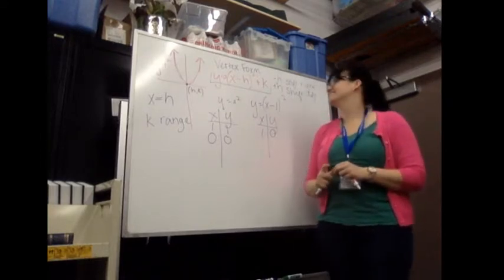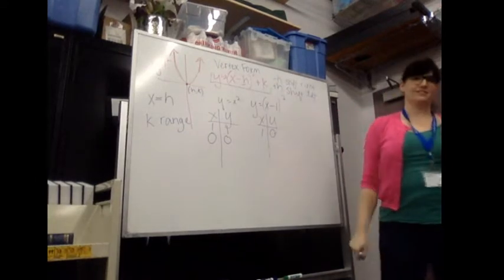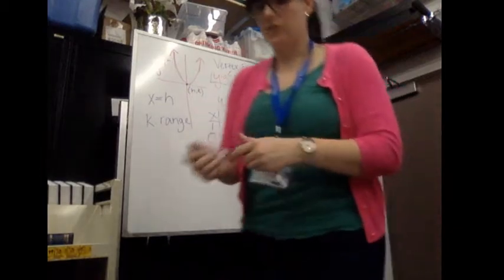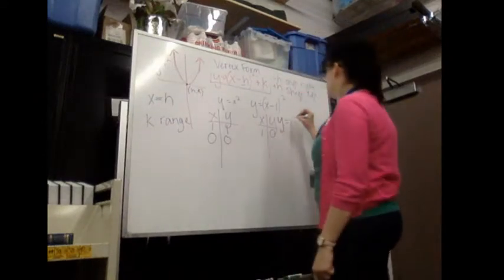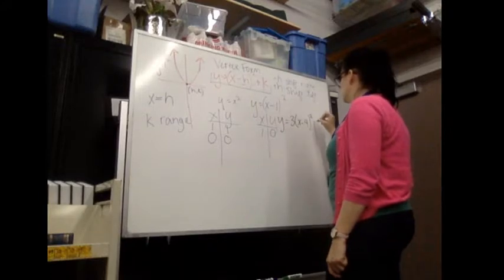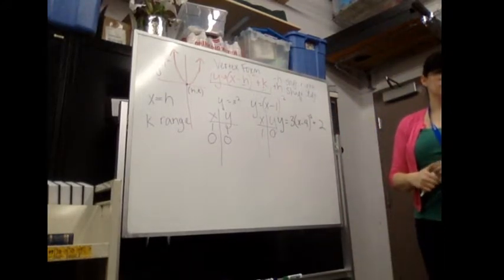Okay, the reason it's called vertex form is because you can see the vertex right there. So if you are given an equation that looks like this, what's the vertex? 4, 2.